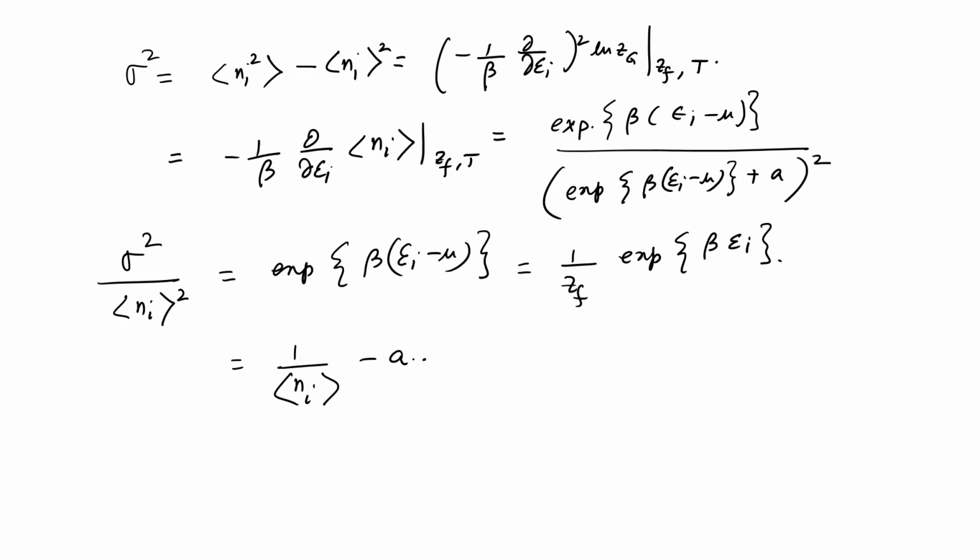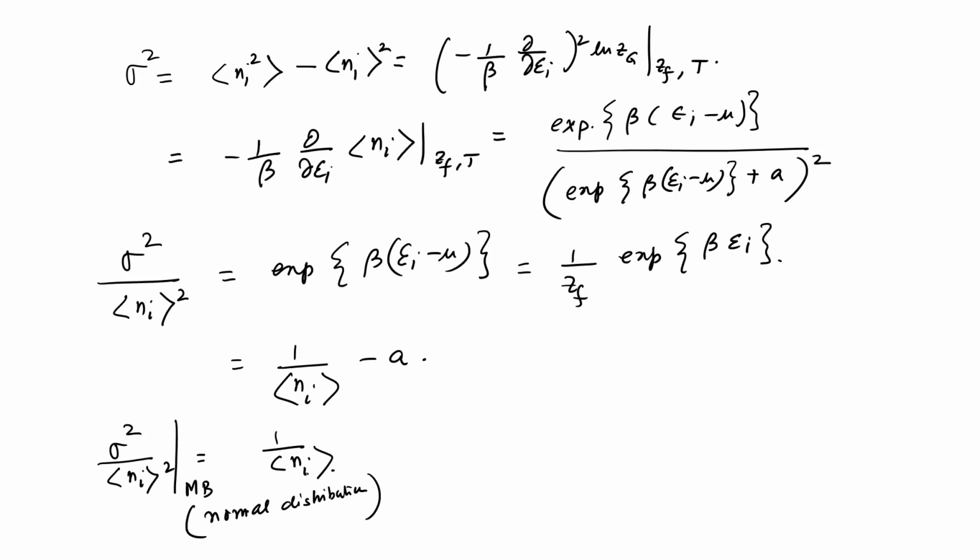So, the relative fluctuation again is inversely proportional to this average number of particles, which it should be, and so we have sigma square by n I square equal to 1 over n I for the MB particles, and this is called a normal distribution, where it is simply equal to 1 by n I average, a result that we have seen earlier.